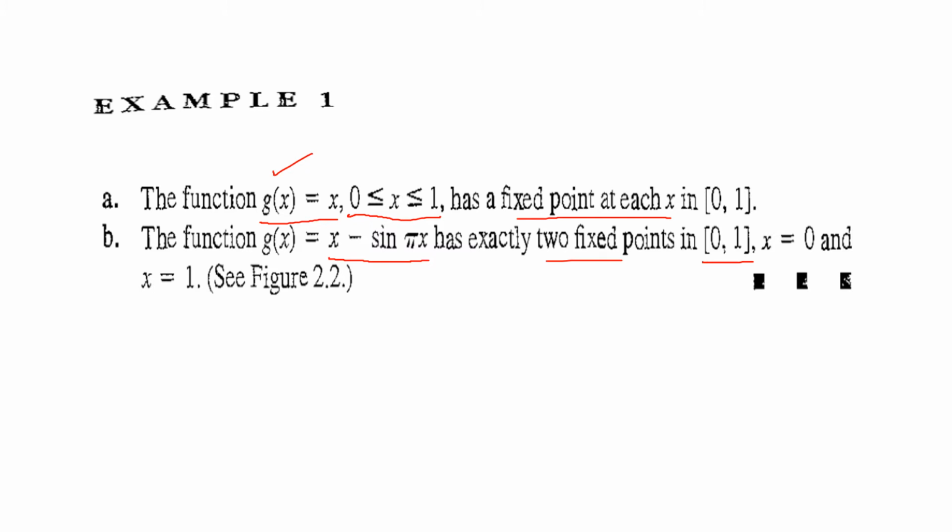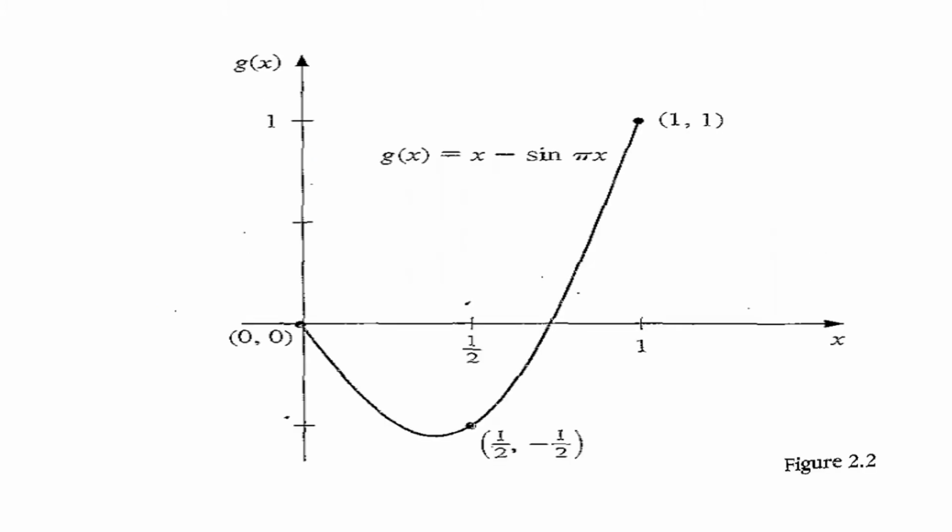The points are 0 and 1. This is the graph, this is the function g(x), and if you draw y is equal to x here, you will obtain two fixed points.